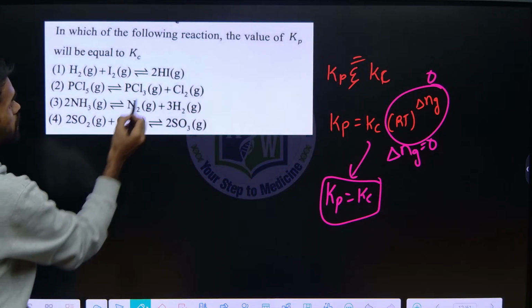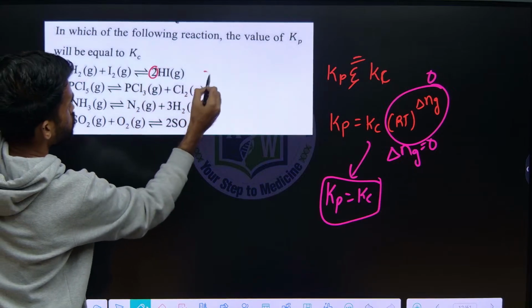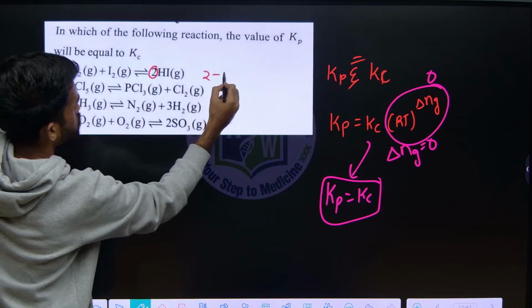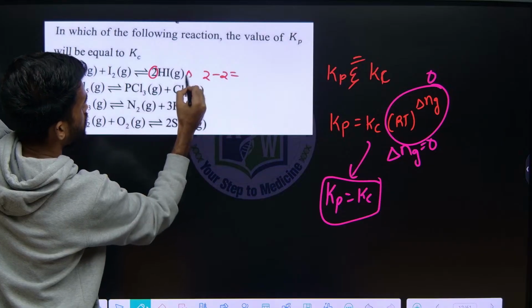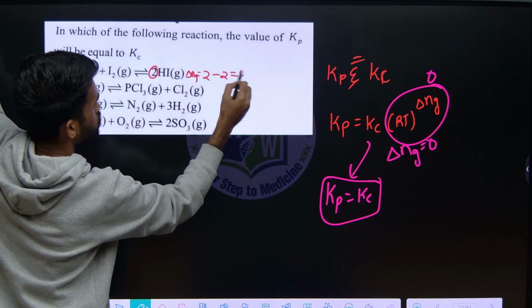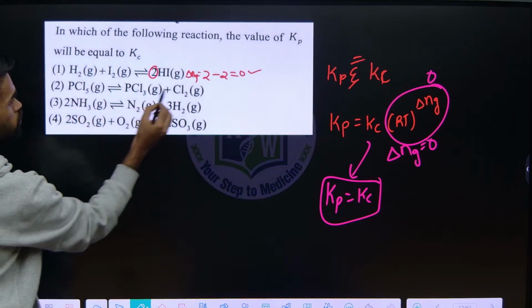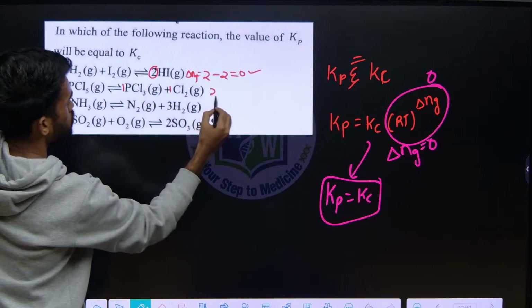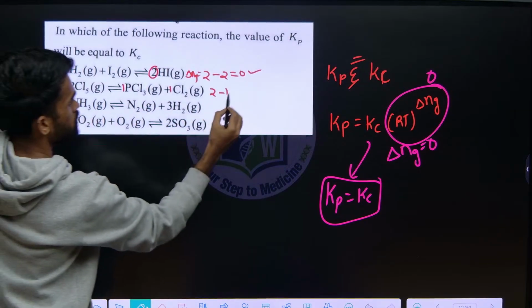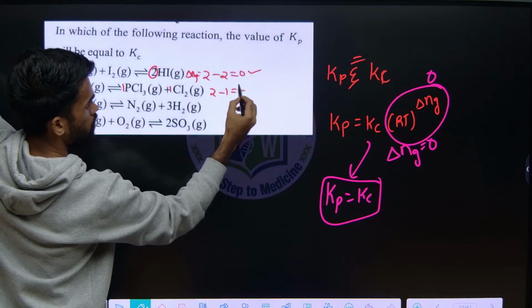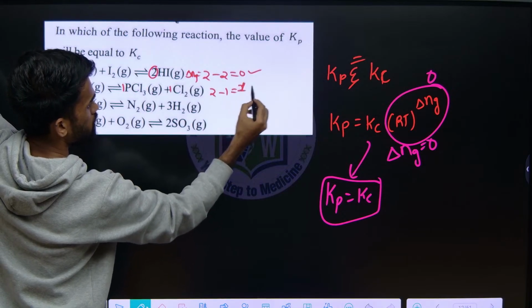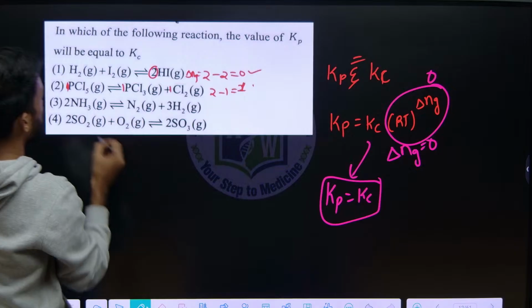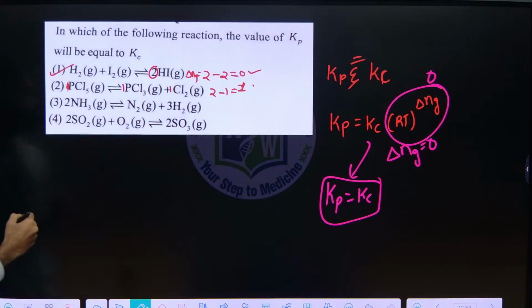Look here: the number of gaseous products is 2 and the number of gaseous reactants is also 2. Therefore, delta Ng will be 0. Here, 1 and 1, minus 1 and 1, gives 0. Here you have 1, so Kp is not equal to Kc, but in the first case Kp and Kc are equal.